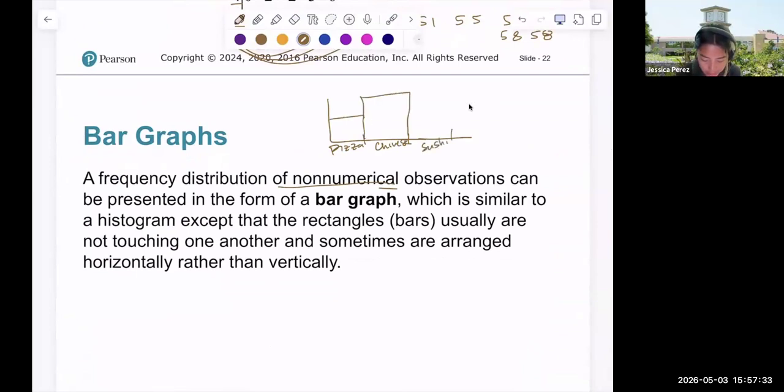So let's say that three of you like pizza, five of you like Chinese, and then 20 like sushi. So then you have this sort of bar graph represented by non-numerical data, right? They don't represent some type of number, but they represent a category.